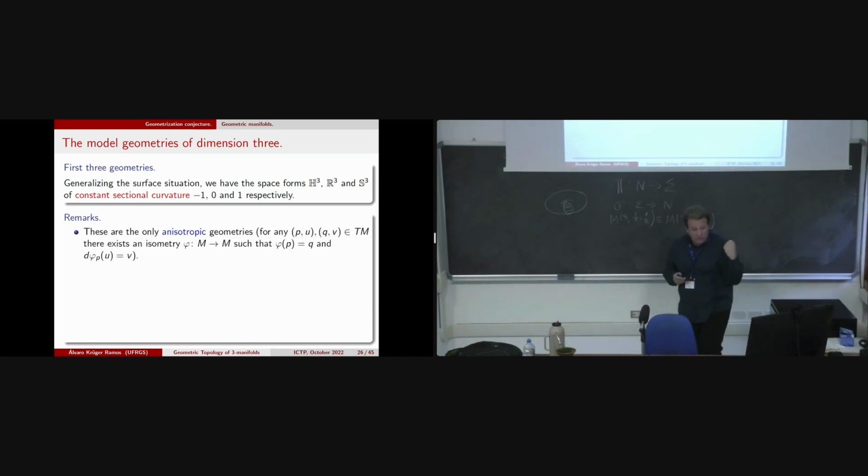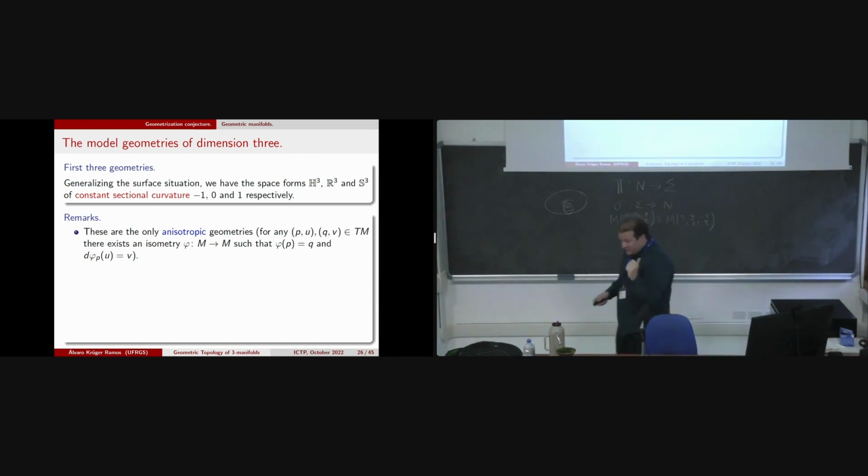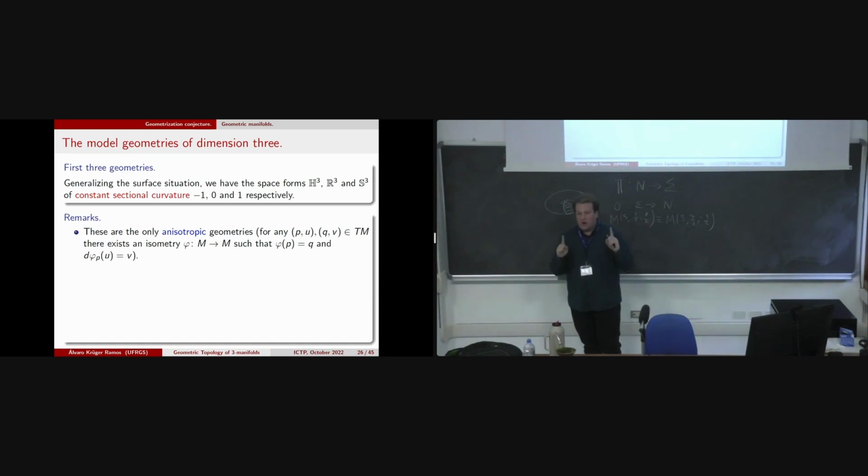Just some remarks about these spaces. They are the only so-called isotropic geometries. What is an isotropic geometry? It is a homogeneous space where not only can you not identify where you are, you also cannot identify which direction you are looking. You cannot say if you are looking north, east, or south.